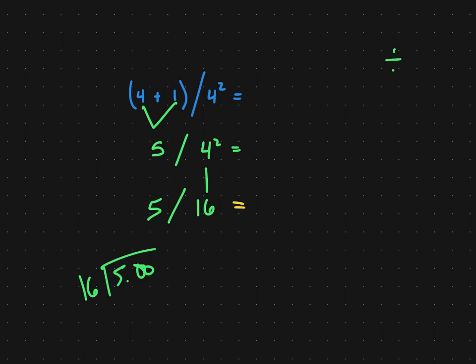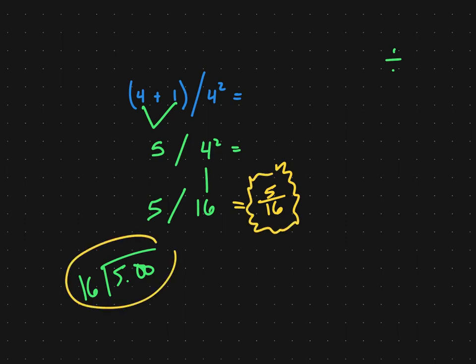So that slash being division, it is also a fraction. It is 5/16, 5 waiting to be divided by 16, which is a perfectly good fraction, which does not simplify, and is the answer that I'm looking for here. Could I find the decimal equivalent using this? Yes. I'm just not asking you to.